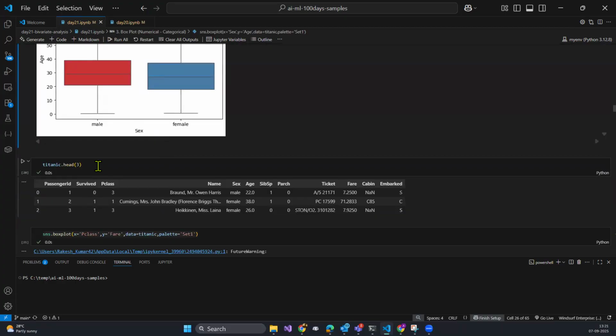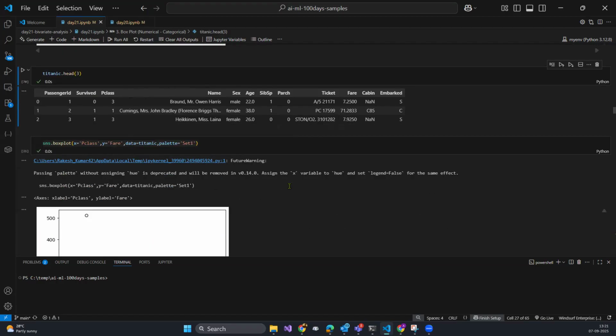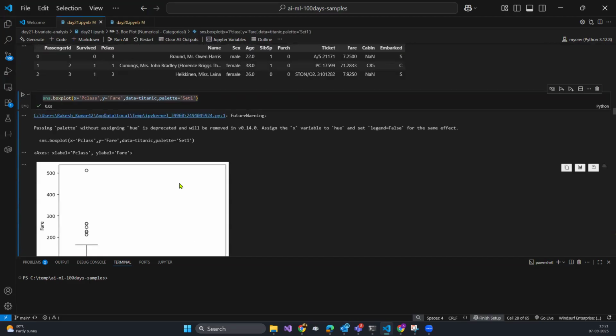Now, again with this Titanic dataset, we can do a box plot between class and fair as well. So let's see how the class and fair have a correlation.